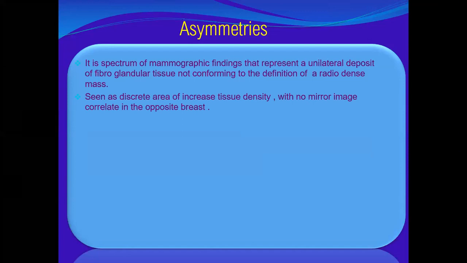As we have seen in the previous example, we could see added density, one more brighter area having no mirror image in the contralateral. When we compare it with the opposite breast, it is not seen there.